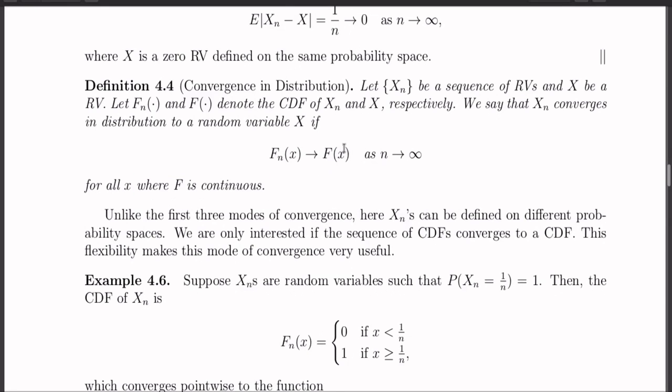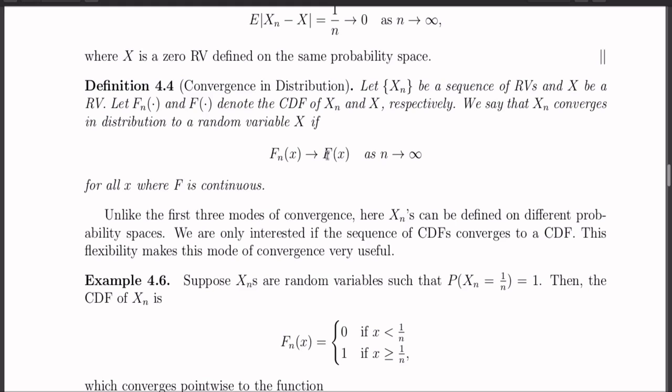So first, why is this helpful, and what is the main use of distributional convergence? The main use is this: suppose this distribution function F is continuous for all x belonging to R, so the F function is a continuous function over R. What does this mean?